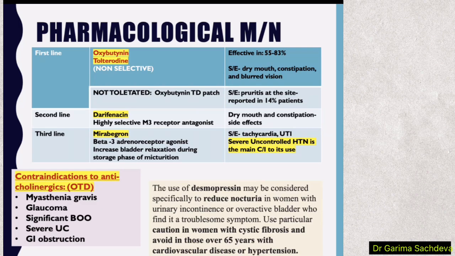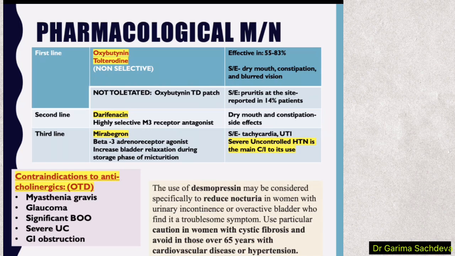M3 is present in the gut, sphincter of the urethra, so directly on those it will act. Mirabegron will not have dry mouth or constipation because it is not anticholinergic. Rather, it will cause tachycardia and sometimes UTI, because it increases bladder relaxation, so urine stays in the bladder for a long time.